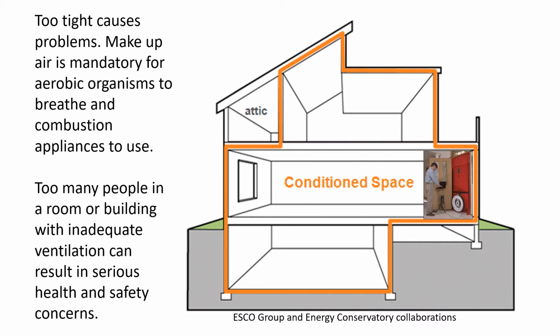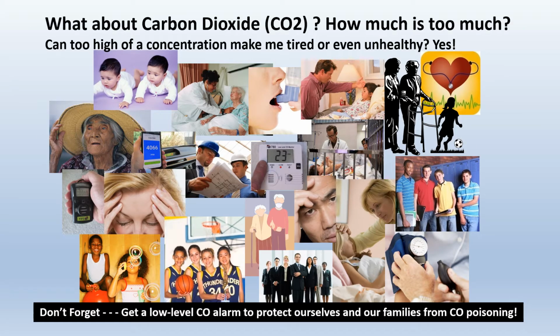Too many people in a room or building with inadequate ventilation can result in serious health and safety concerns. We need to know the building tightness, the occupancy, ventilation, and health effects felt and observed by people in those spaces. This information greatly increases our understanding of remedial and avoiding strategies to perform our duties diligently to aid those who may be affected. So what about carbon dioxide, or CO2?